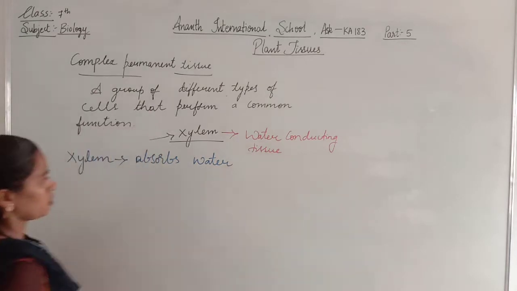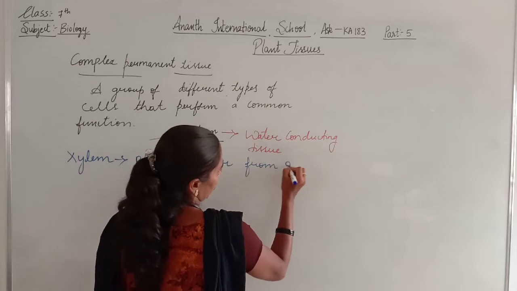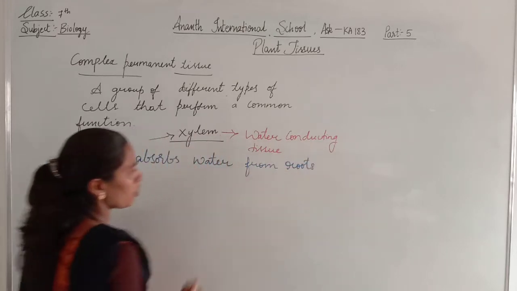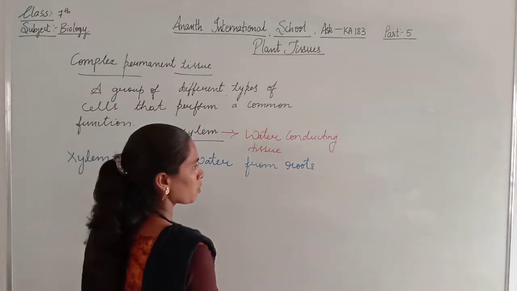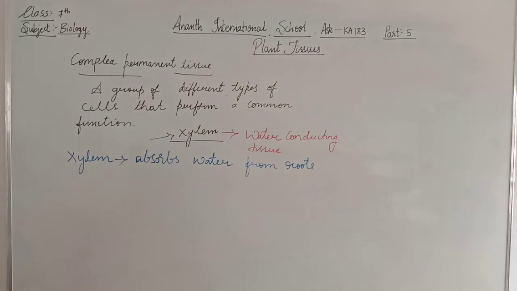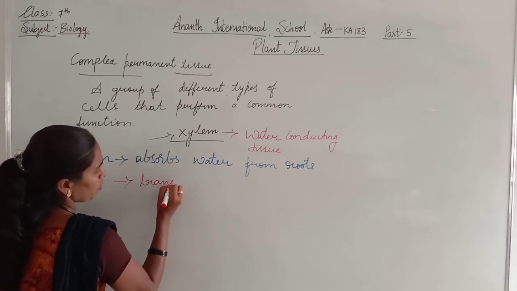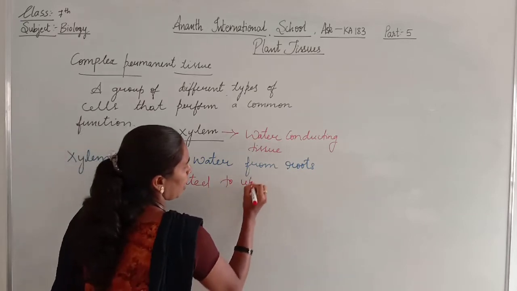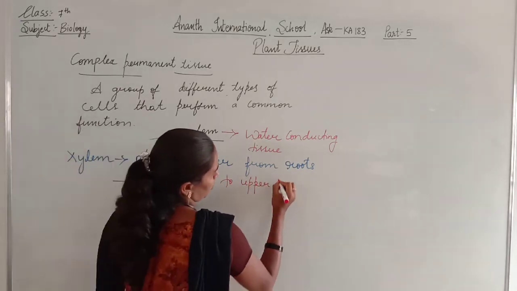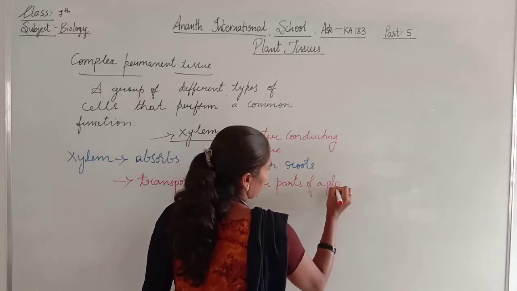Let me take only water, because it is only a water conducting tissue. It absorbs water from the roots. After absorbing water from the roots, where will the water go? From the roots, the water will be transported to the different parts of the plant, to the upper parts of a plant.